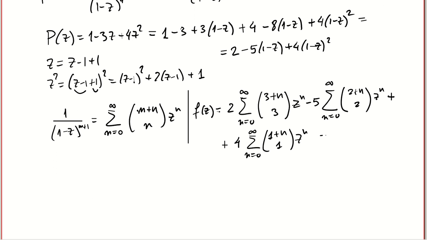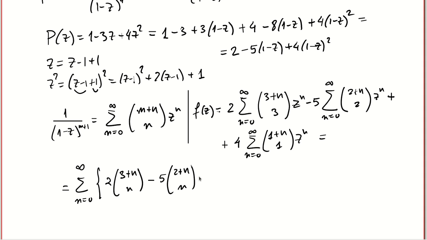Okay, if we group these 3 expressions together, what we have is a unique coefficient, which is 2 times (3 plus n over n) minus 5 times (2 plus n over n) plus 4 times (n plus 1 over 1), times z to the n.